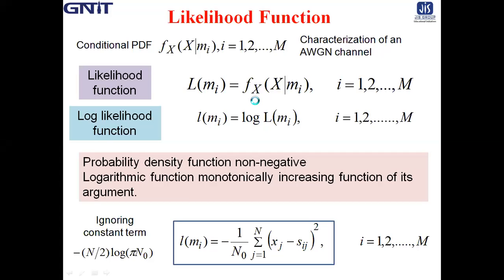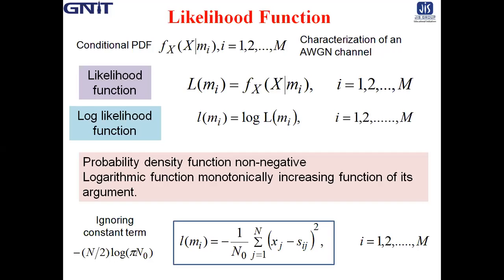Now, the conditional probability density functions f of x conditional on mi, where i equal to 1 to m, are the very characterization of an AWGN channel. Their derivation leads to a functional dependence on the observation vector x given the transmitted message symbol mi.